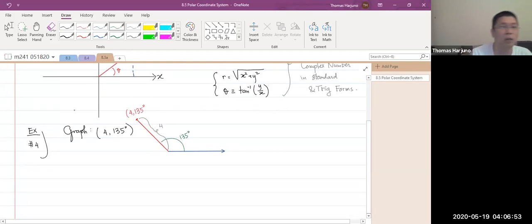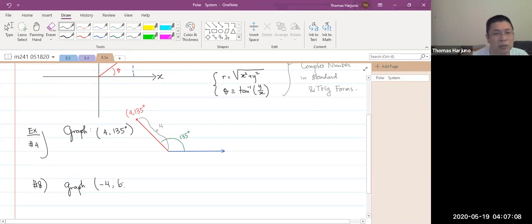Okay, how about number 8? Graph negative 4, 60 degrees.